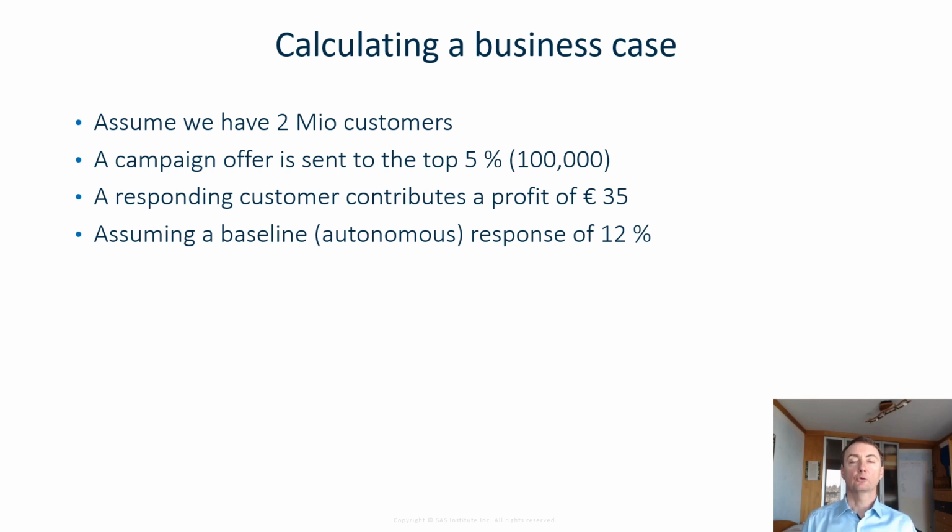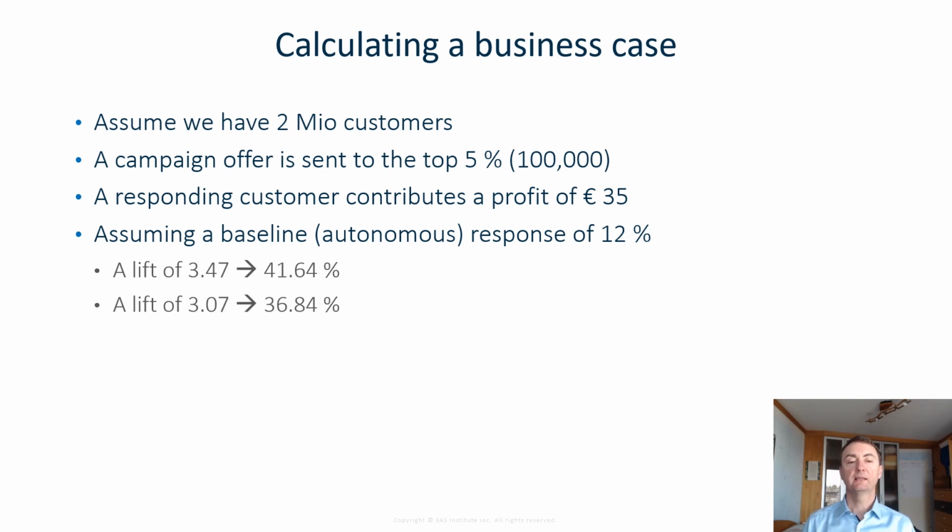If we now want to find out what this means for the old and the new model, we also have to know the autonomous, the baseline response, if we wouldn't apply any analytics. For example, if on average 12% of the customers respond anyhow, if we do not prioritize them by selecting from a predictive model, we can see that 12% as a baseline multiplied by the lift of the better model, 3.47, means that we have a response rate of 41.6%, and with the other model, 36.8%.